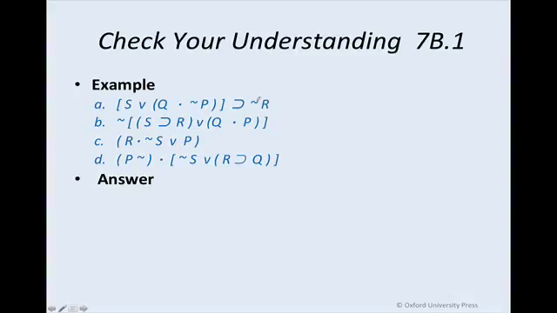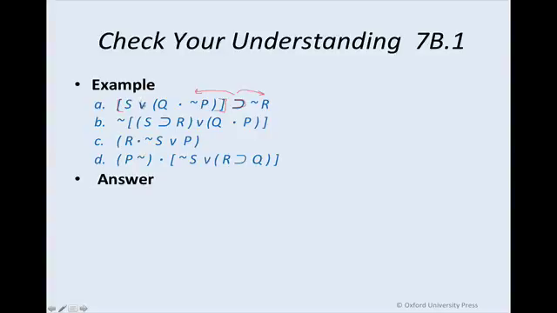All right, let's see if we can identify which, if any, of the following are well-formed. So for our first example, we have a pair of brackets that separate off the left side of a horseshoe from the right side, and the right side has a negation in front of an R. So thus far, this looks pretty good. Now let's go inside the brackets.